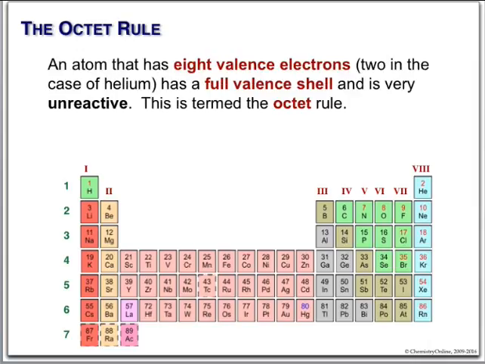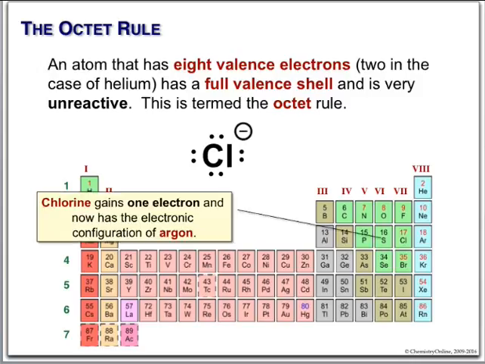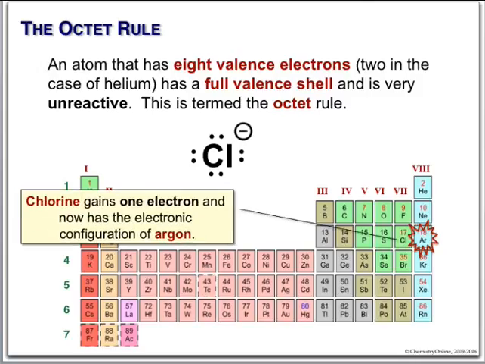For chlorine, chlorine was group 7. We added 1 electron, and that gave us the electron configuration of argon, which is group 8.